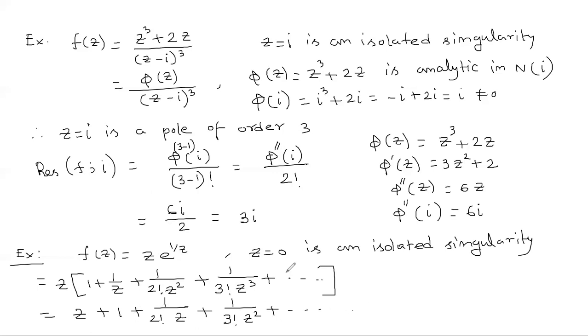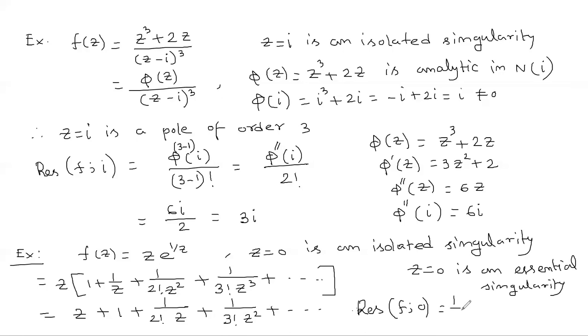So z equal to 0 is an essential singularity. And the coefficient of 1 by z is 1 by 2 factorial. So the residue of the function f at the point 0 is the coefficient of 1 by z, that is equal to 1 by 2 factorial, that is 1 by 2.